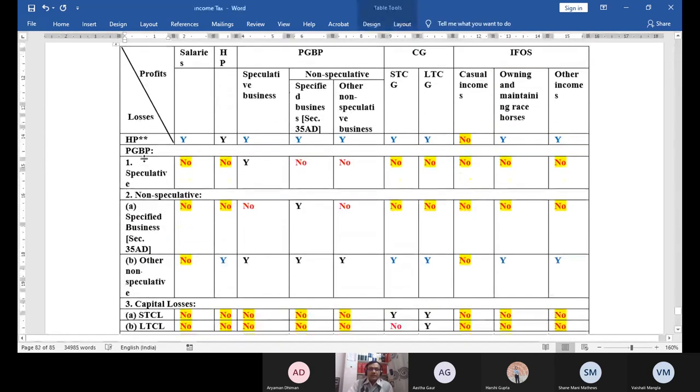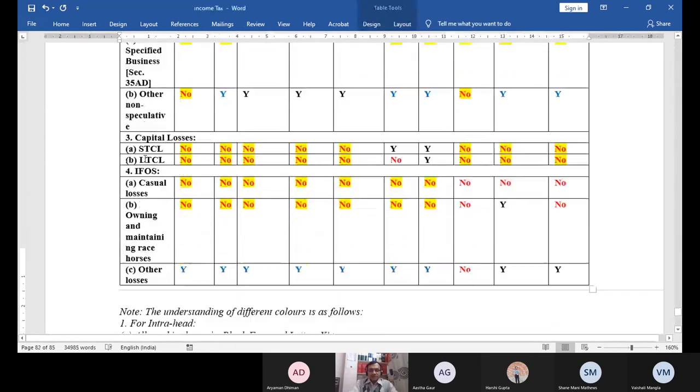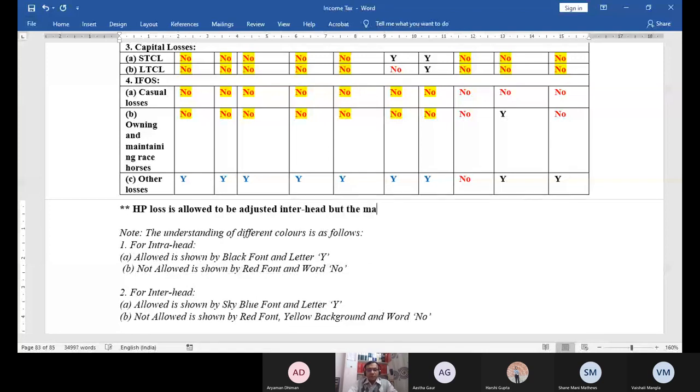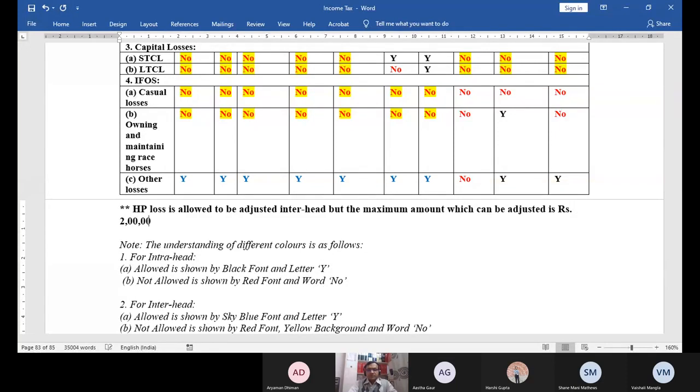In case of HP, star means HP loss is allowed to be adjusted inter-head, but the maximum amount which can be adjusted is rupees 2 lakh.